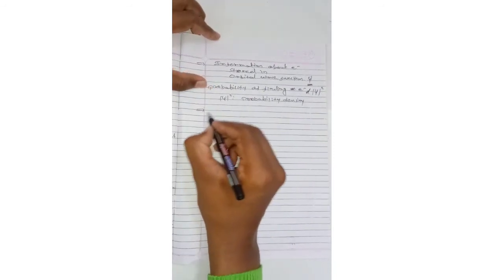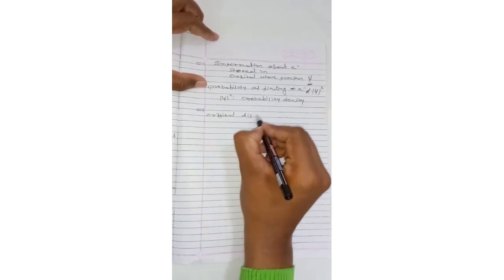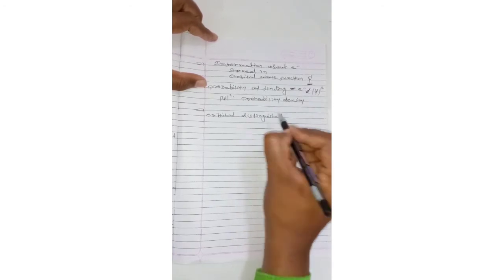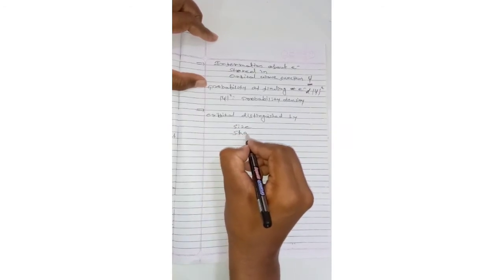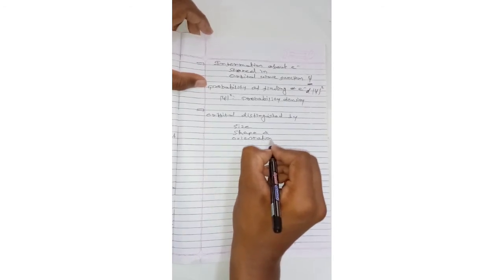Next point, a large number of orbitals are possible in an atom. Orbitals can be distinguished by their size, shape and orientation.